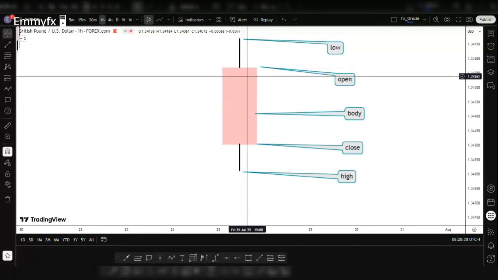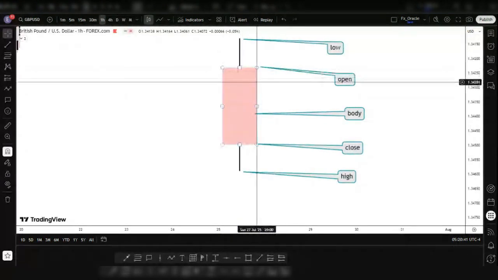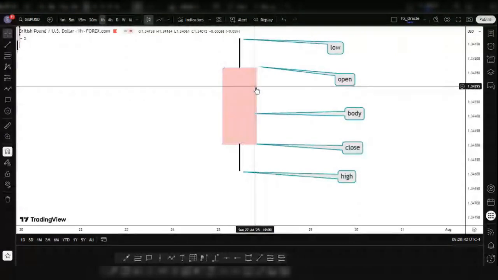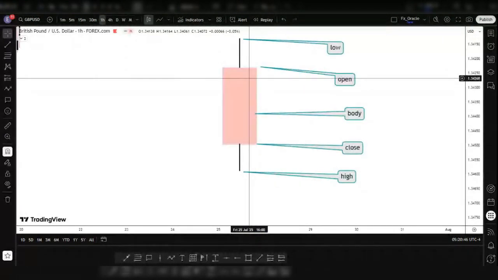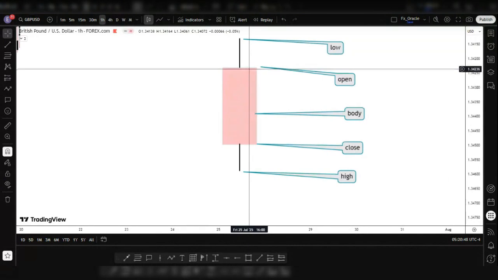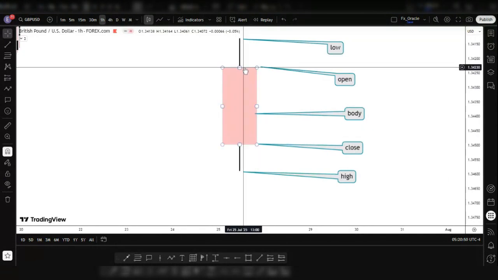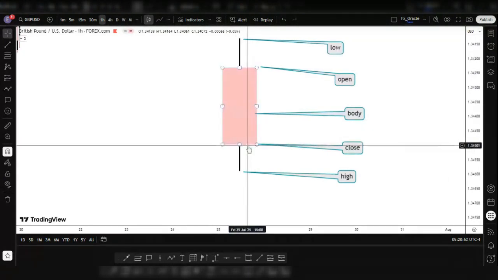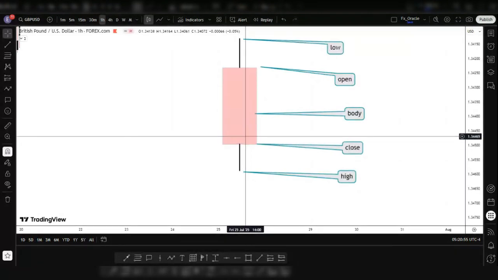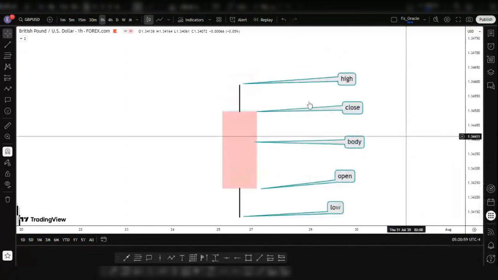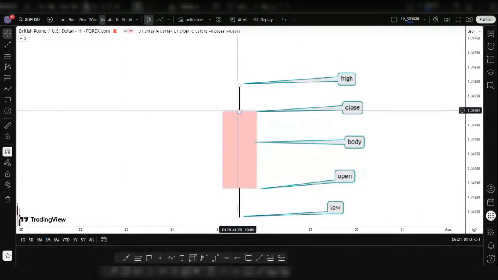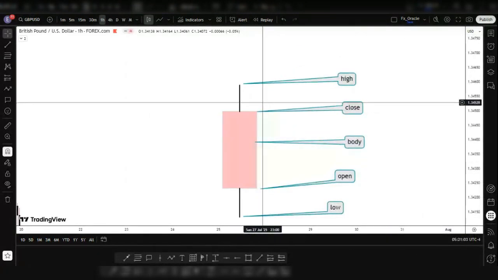This is where the candle closed and this is where the candle opened, and that decides whether the candle is bullish or bearish. So take note, once it closed below the opening price, it is known as a bearish candle. Then once it closed above the opening price, it's known as a bullish candlestick.